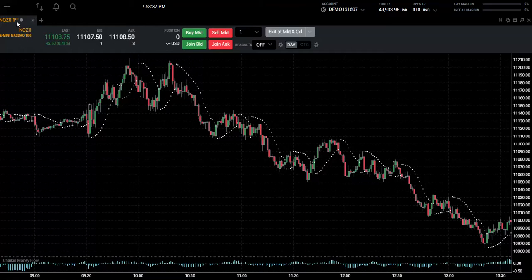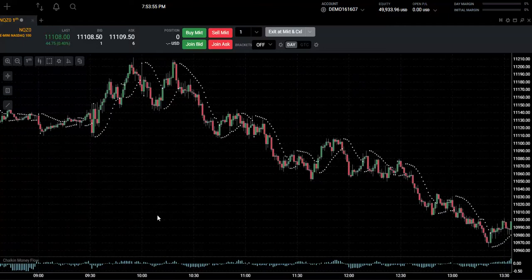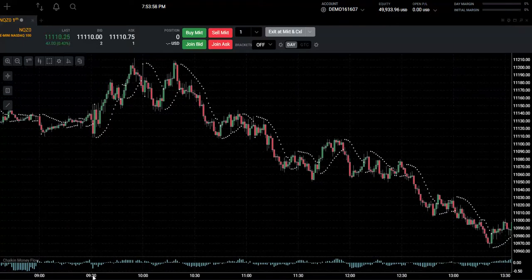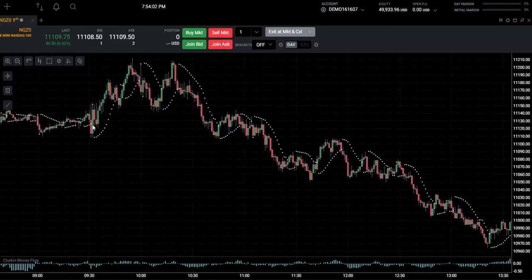This is on a 1 minute time frame, and I'm not going to go into how to use this. I just want to show what this particular market shows before the election day. The market in New York opens at 9:30. You can see here we get a nice little breakout, but I'm not going to go over any specifics.